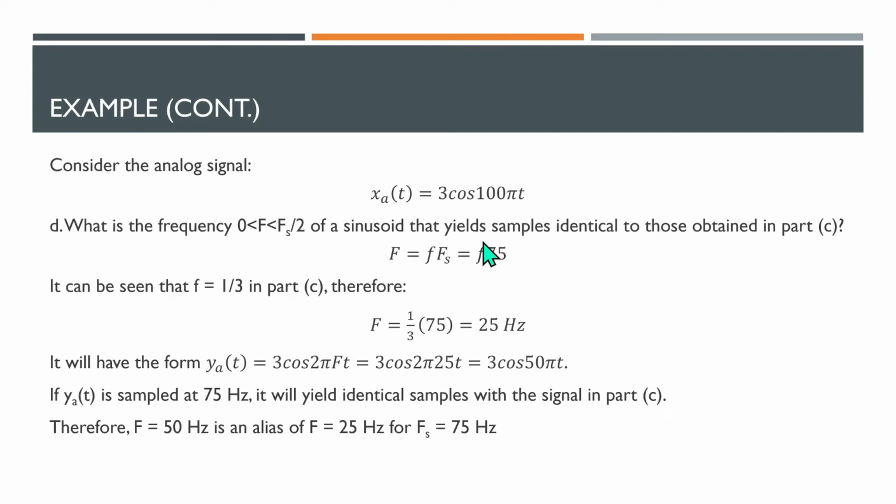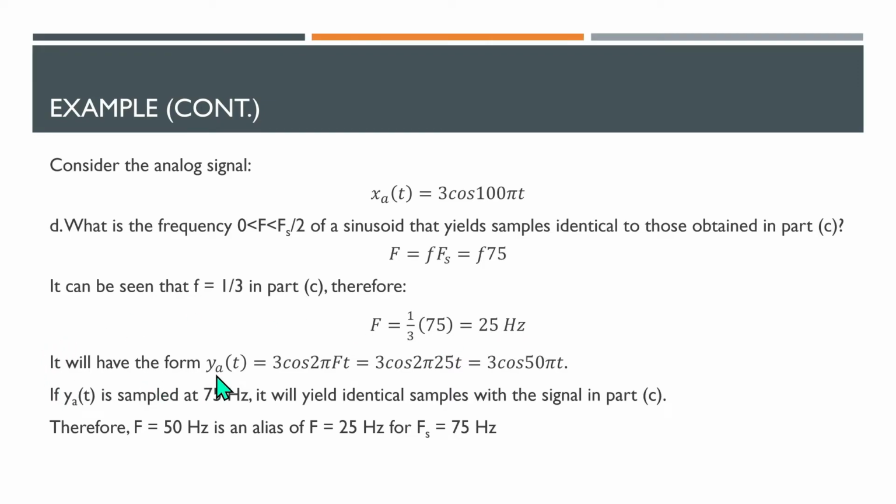In part C, the sampling frequency is 75. That is why we have f times 75 here. It can be seen that f is equal to 1/3 in part C. Therefore, F is equal to 1/3 times 75 equals 25 Hertz.